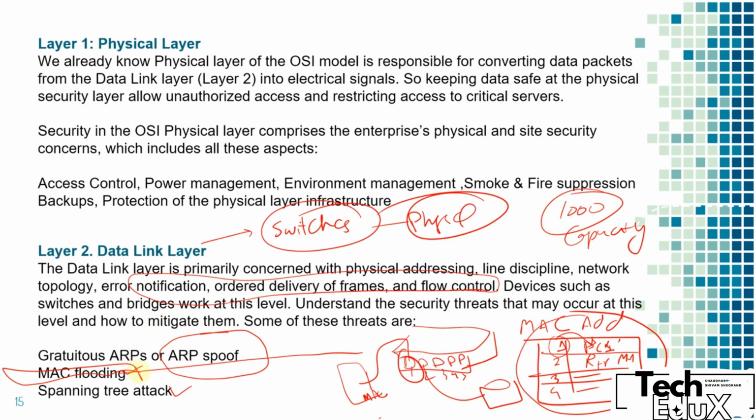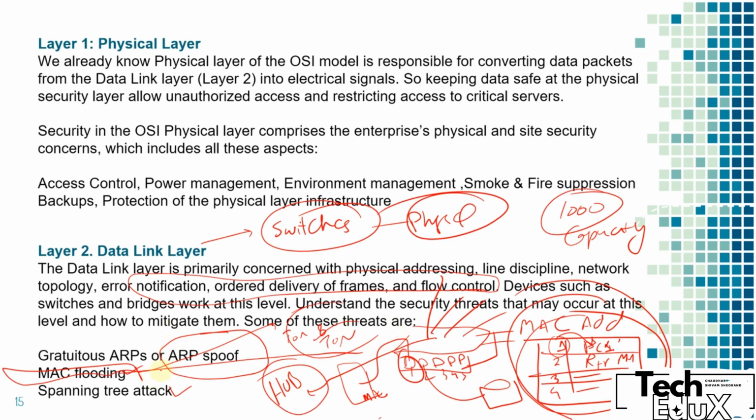In MAC flooding, hackers flood ton and ton of MAC addresses, ending up choking this table because it can only facilitate 1000 MAC addresses. But imagine we have more than 1000 MAC addresses; what is the switch going to do? It is going to bombard everything everywhere. So this switch will become a hub, a dumb device.